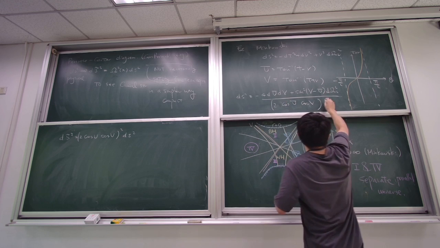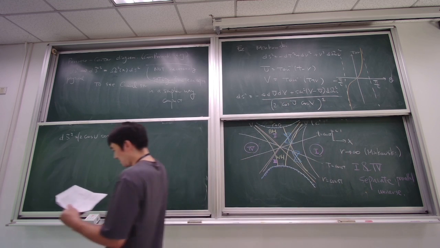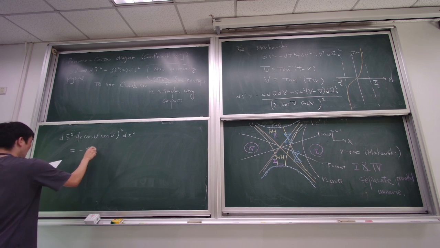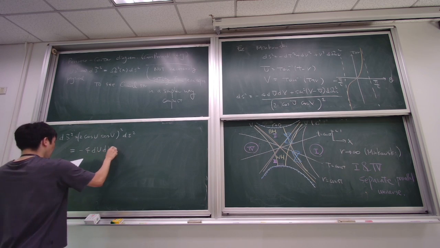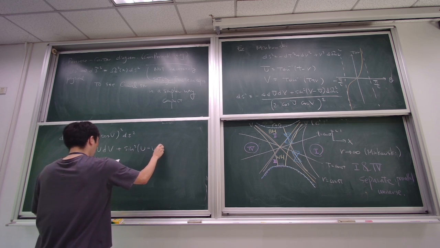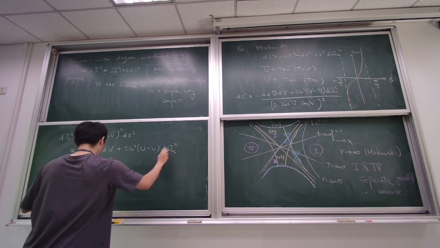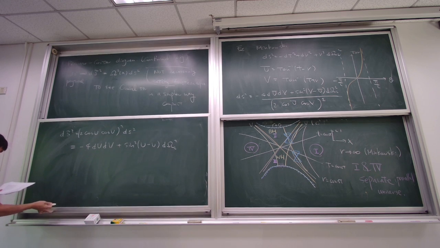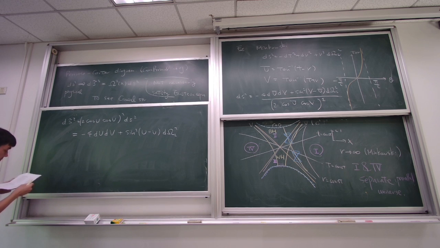The denominator is like this, and this becomes minus 4 du dv plus sin squared of (v minus u) d omega squared.